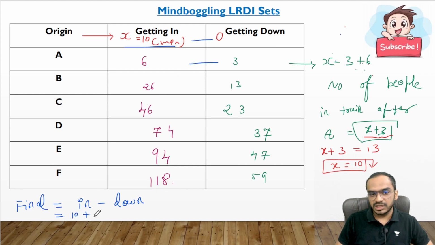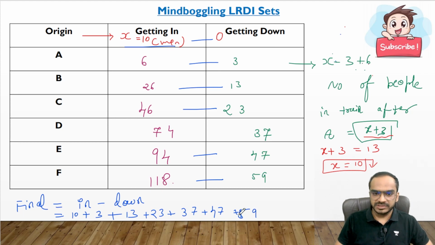6 minus 3 is how much? 3. Then 26 minus 13 is how much? 13. Then this is 23, then this is 37, then this is how much, 47, and then this is how much, 59. टोटल कितना आ रहा है, चेक करो, टोटल हाउ मच, 5 and 4, 9, 9 and 3, 12, 12 and 2, 15, 15 and 1, 16 and 1, 17 है ना. तो 173, 176, 179 and 14, 179 and 14 is how much, 14, and this is how much, it is 192.